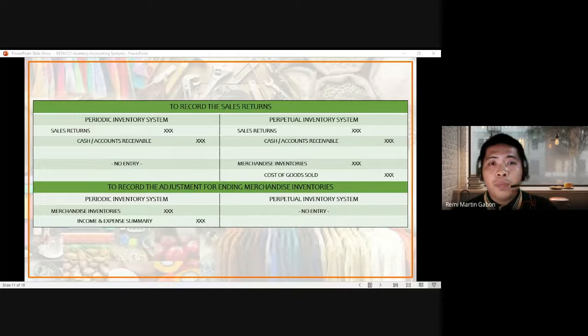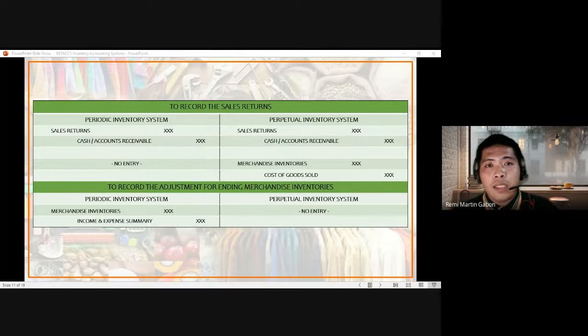But in addition, under perpetual inventory system, we debit merchandise inventories and credit cost of goods sold. The debit to merchandise inventory signifies that you have received the inventories, including its cost. Then the credit to cost of goods sold is to signify deducting the amount of cost of goods sold due to, in effect, canceled sales revenue.